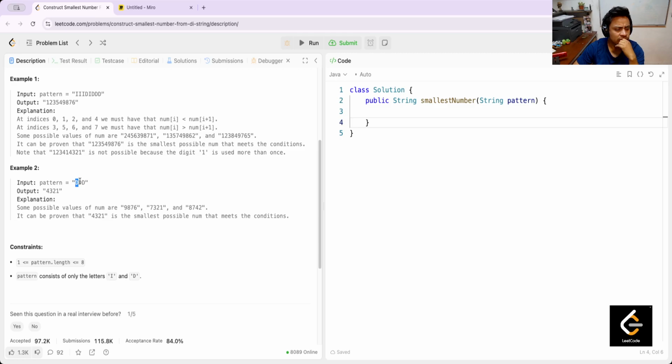Oh, yeah, it's because, for example, in this case it is D, which means that the first should be greater than the next, and the next should be greater than the one after itself. This case, for example, could be, I don't know, 9, 8, and 7.